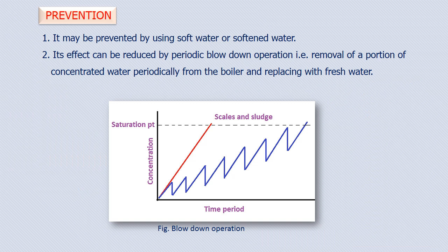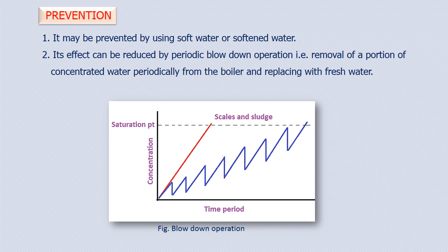To avoid boiler explosion, how to prevent scale and sludge formation? Is it possible? Yes. What is the cause of scales and sludge? It is because of calcium and magnesium salts. If you are able to remove calcium and magnesium salts from water, then that water will be best for boilers.